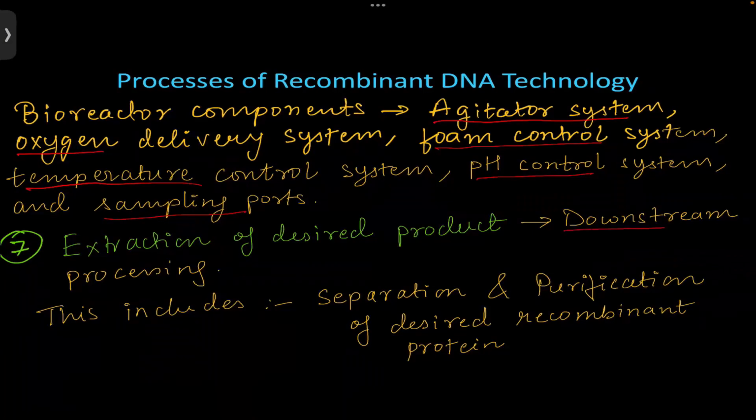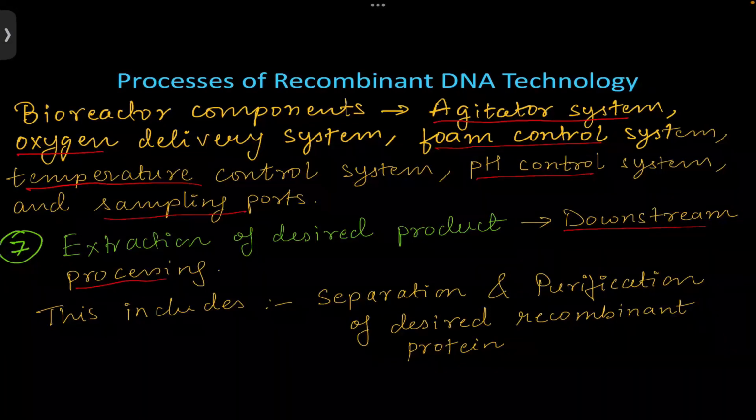Now, the last step after this is you just need to take out the culture broth and do what is called downstream processing. Downstream processing includes separation of the unnecessary, unwanted components of the culture broth from the required, desired protein. First, you need to separate. Then you will need to purify the obtained recombinant protein further.